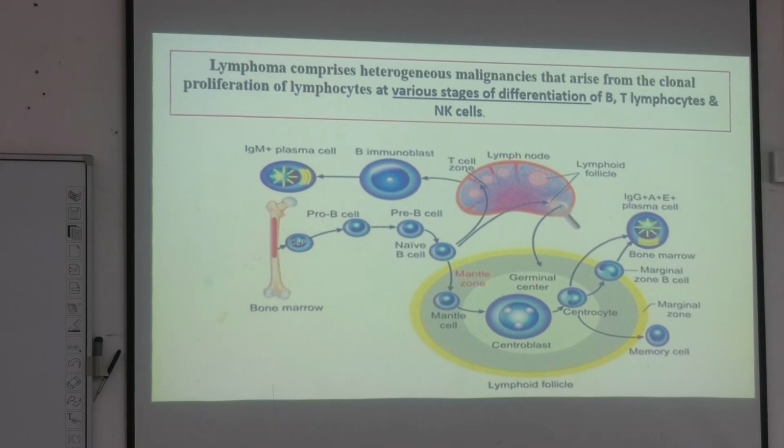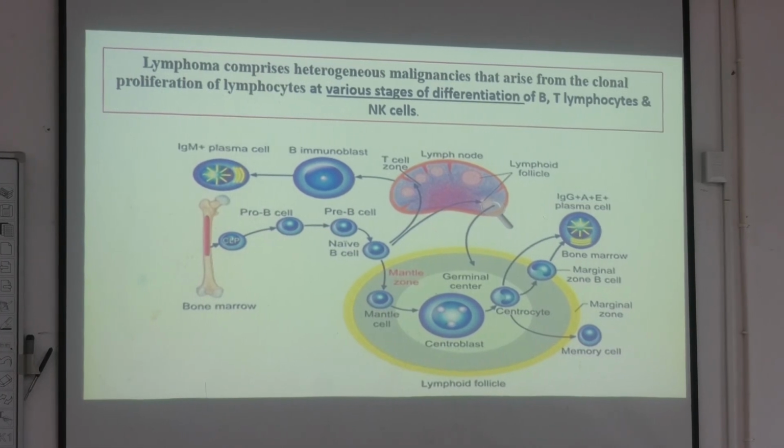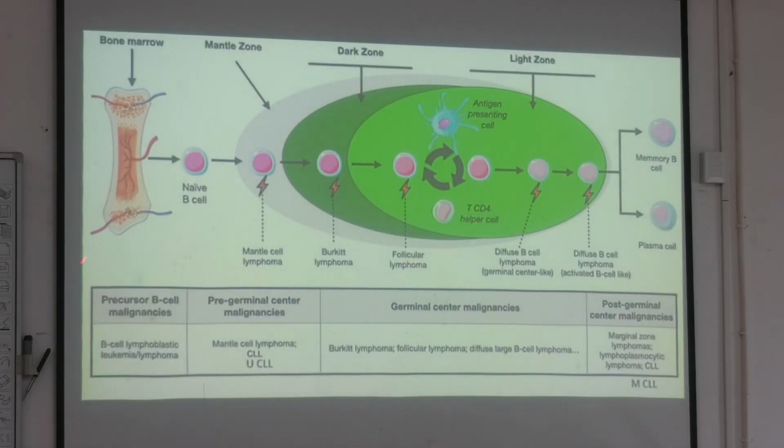I already told you about the location from where leukemia starts, from where lymphoma starts, and from where plasma cell leukemia or malignant plasmacytoma starts. That is the anatomical location or region of the lymphoid tissue from which the different types of tumor or malignancy arise. It starts from the bone marrow, from the precursor B cells, from where the leukemia, acute lymphoblastic leukemia (ALL), arises.